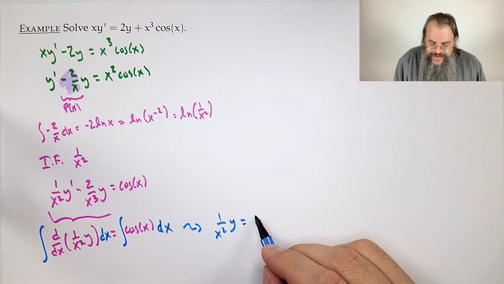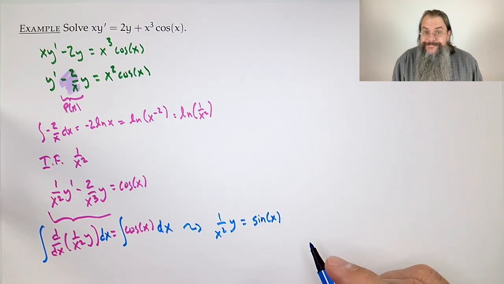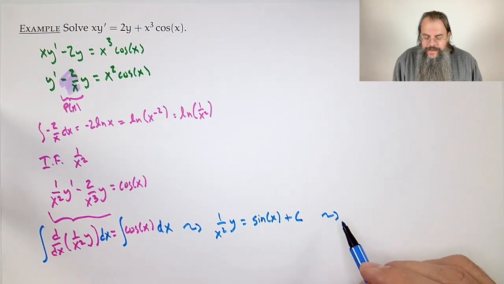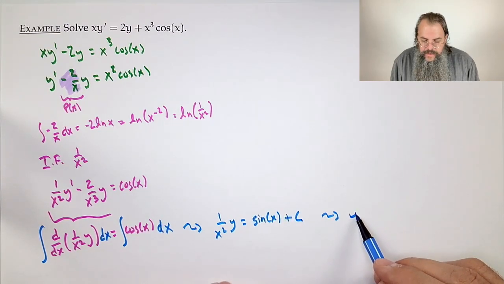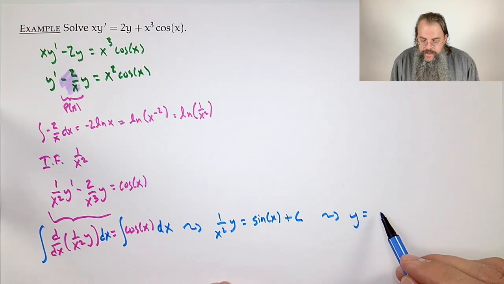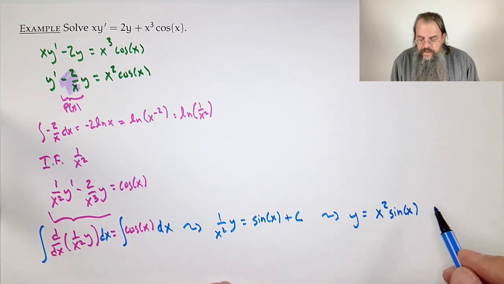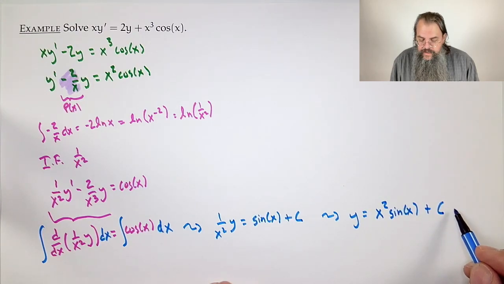That equals sine of x, and anything else? Plus c, don't forget we need that. And to clear out, we want to get y, so we say y has the form of x squared sine of x plus some arbitrary constant c times x squared.